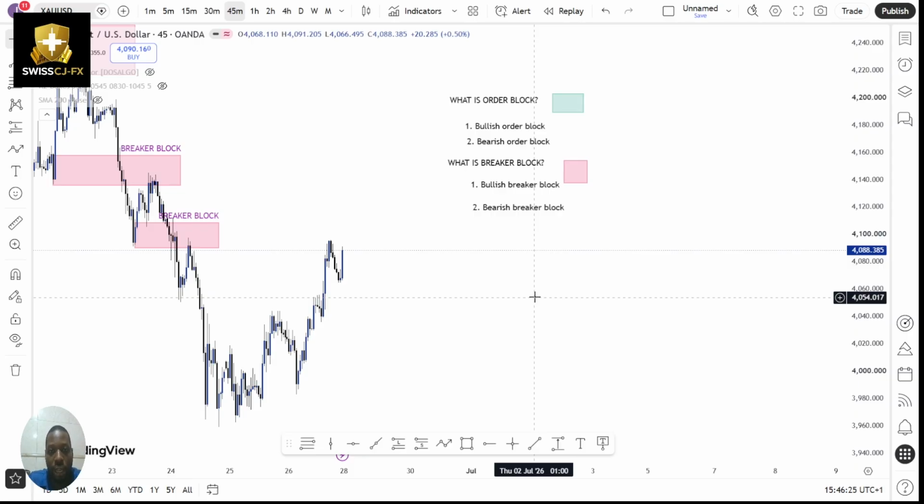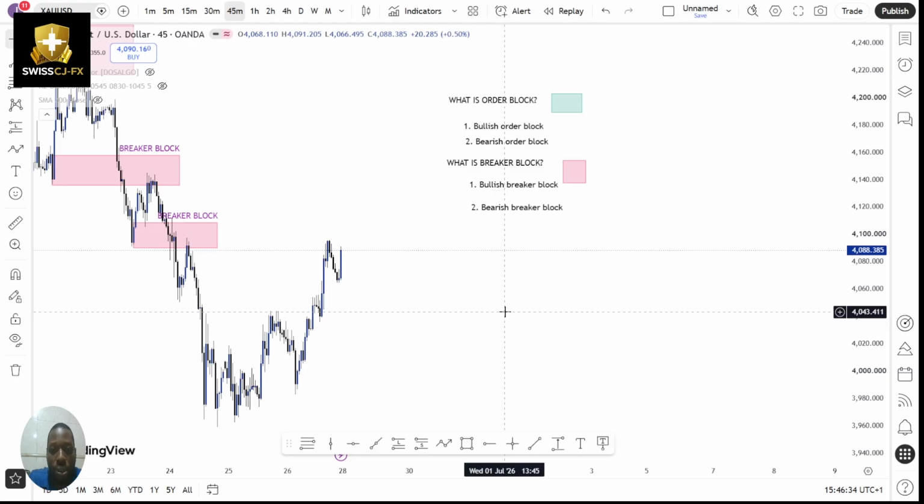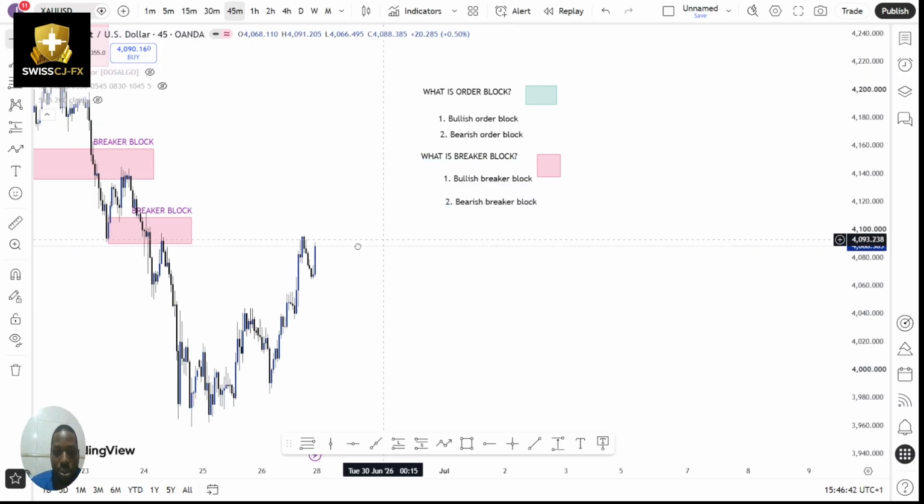Now let us dig deep into the order block. There are two types of order blocks: the bullish order block and the bearish order block.